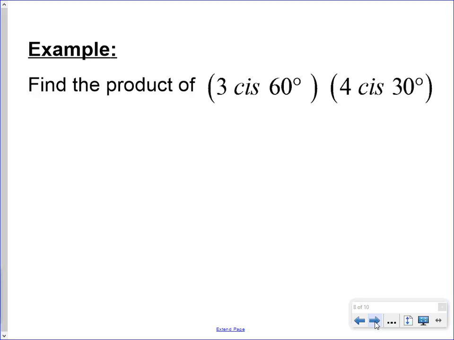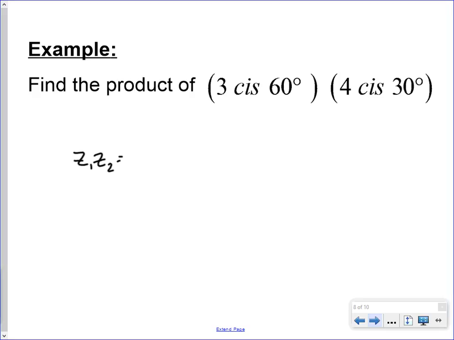Okay, so here's an example. Find the product of 3 KISS 60 and 4 KISS 30. So I look back at my product and quotient formulas.